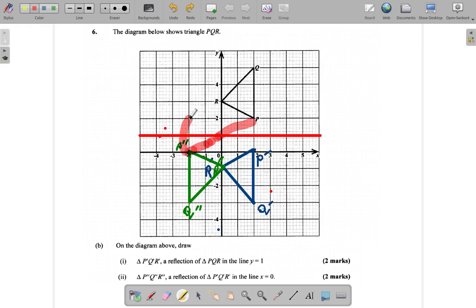Suppose you make a spin right here. For Q double prime, you join them with this and you make one big spin. And for P double prime, you join them right here around this point.